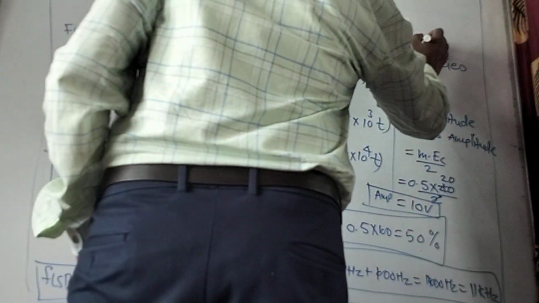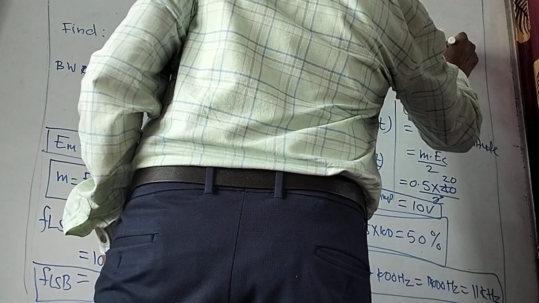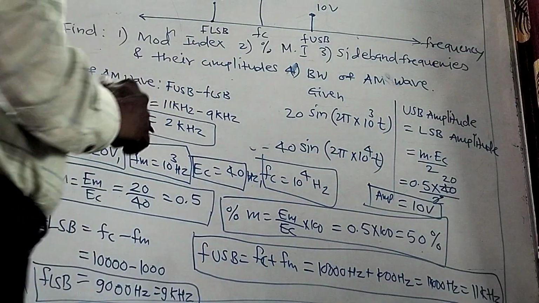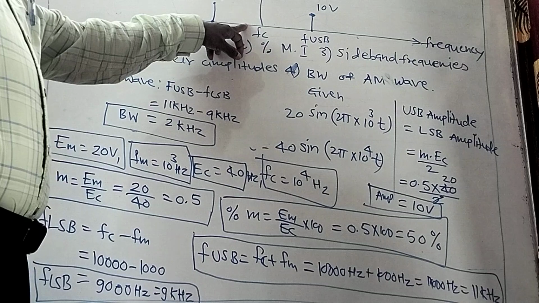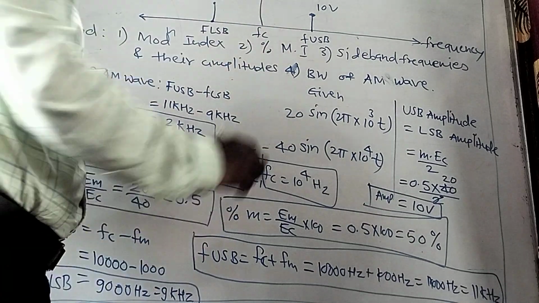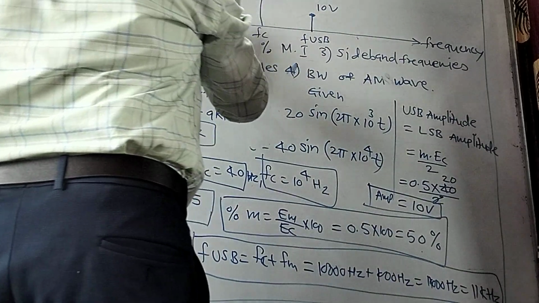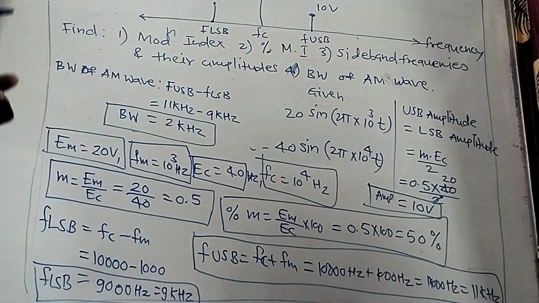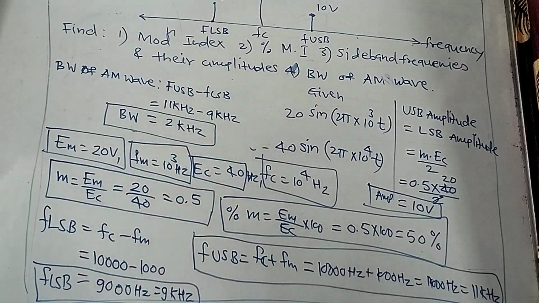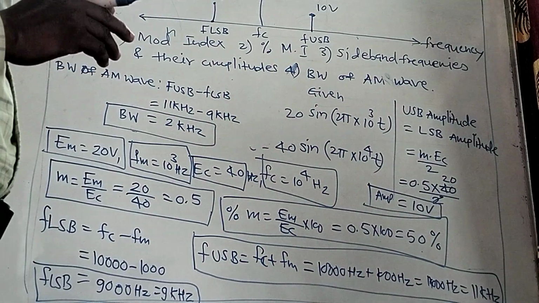On the x-axis is frequency, on the y-axis is the amplitude. FC, the carrier frequency, has amplitude 40 volt, and the sideband frequencies FLSB and FUSB both have equal amplitude, that is 10 volt.